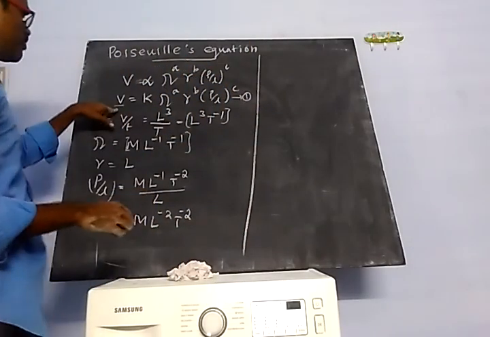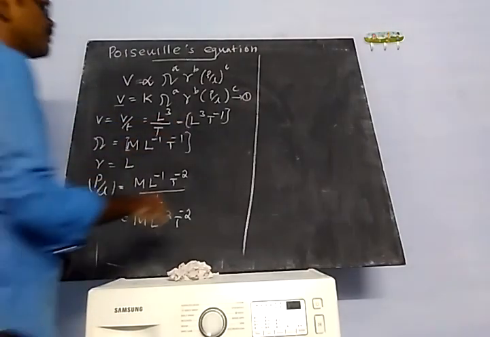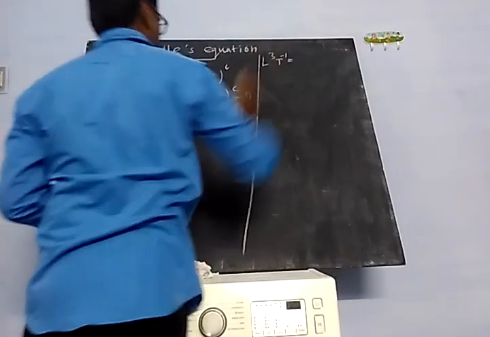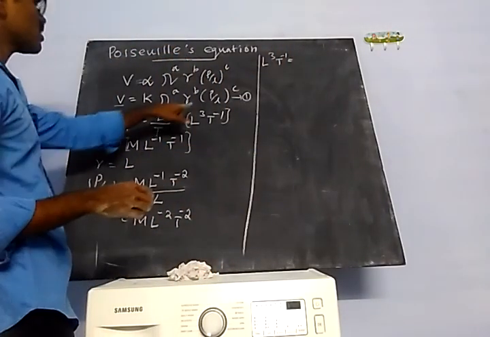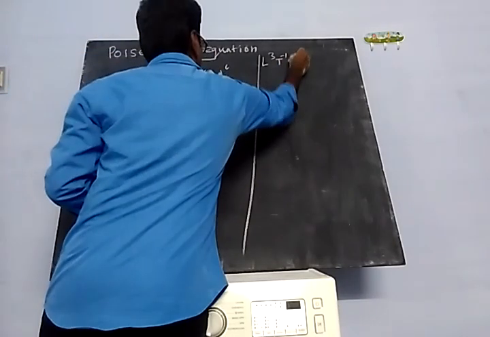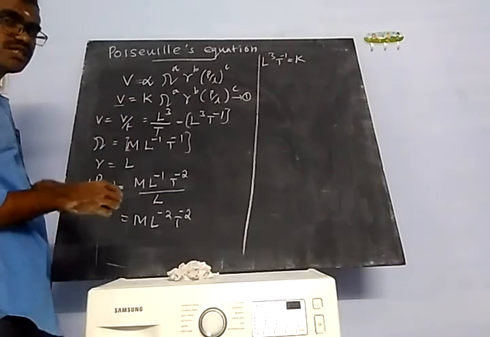So first, the volume of the liquid flowing per second has the dimensional formula L cubed T power minus 1, which is equal to K times eta to the power a, where K is a dimensionless constant.